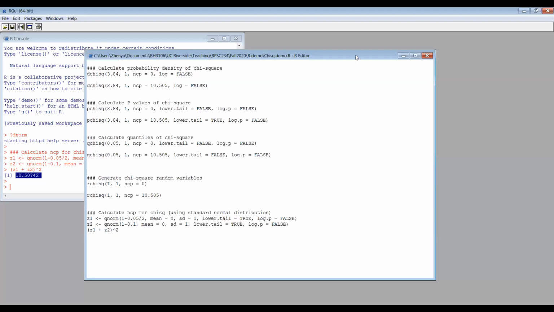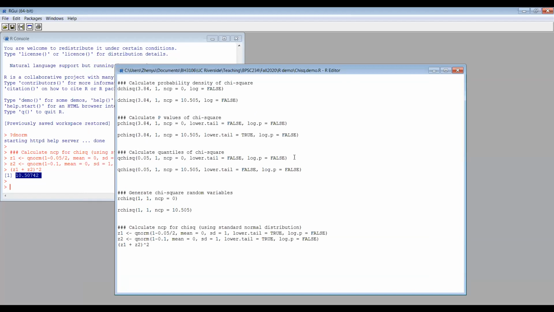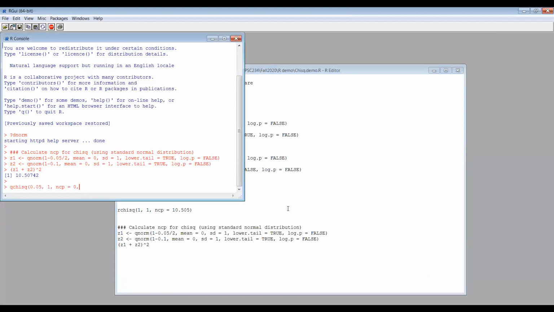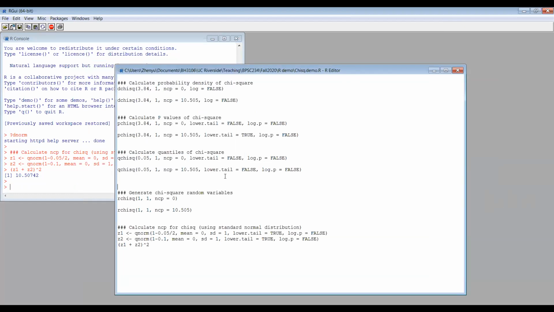Suppose you do not specify the tail, what does that mean? If you just let R know the area we want to calculate, oh no, this is not the right one, sorry. We need to use this one.